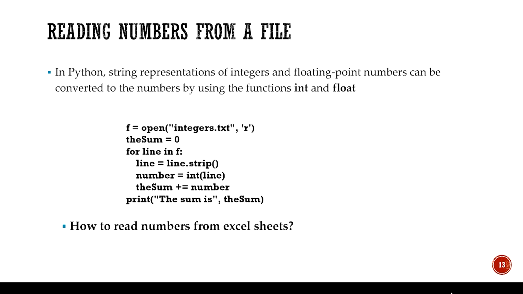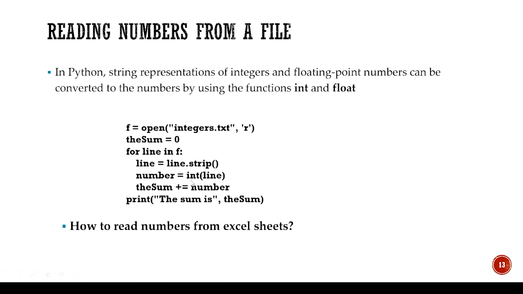Okay. So in this example, we want to open the integers.txt file that we just created in the previous slide. Now we are in reading mode. We generated 500 numbers and now we want to add them up. So I define a variable, I initialize it, and define a for loop which goes through all lines.